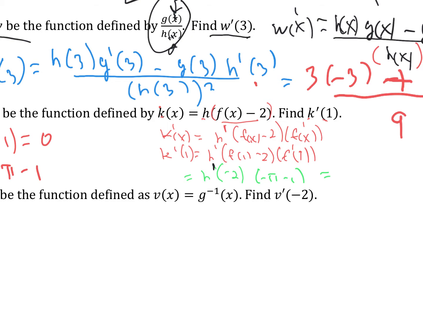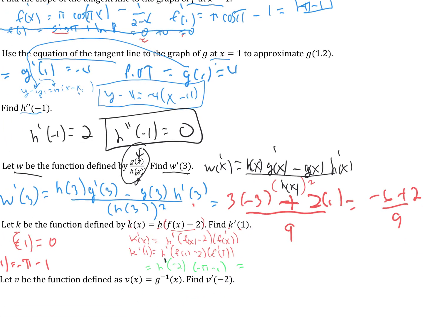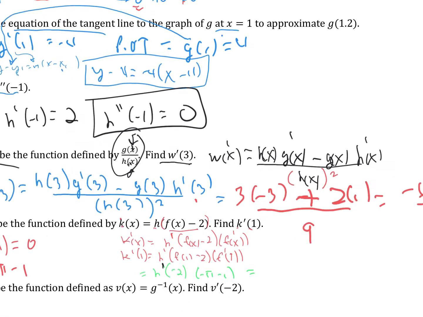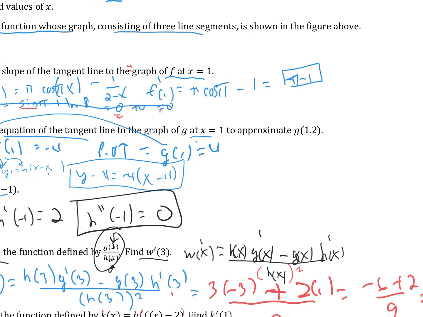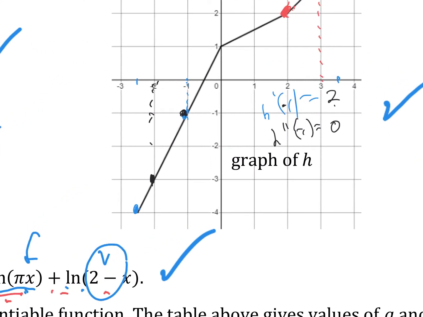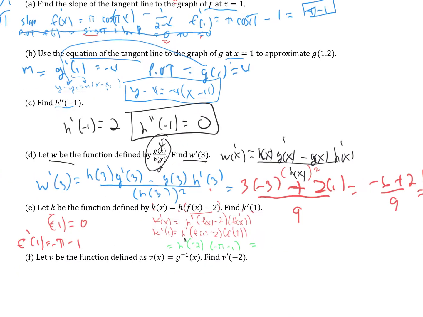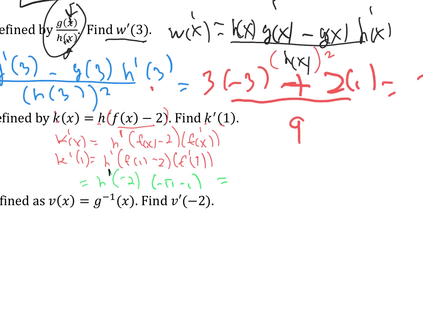Where's h at? H is the curve. H of negative 2, at least it's on my graph, is negative 3. And again, no money back guarantee.